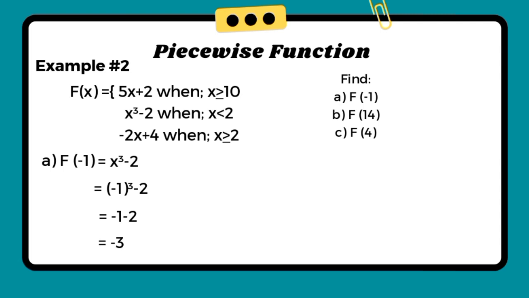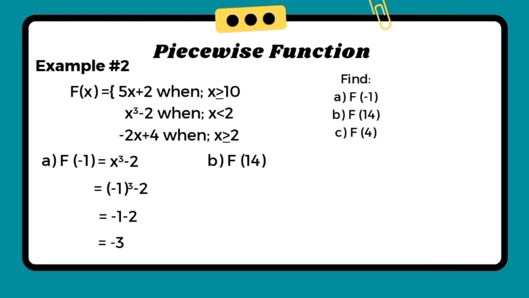Let's proceed to letter B: f of 14. Where does f of 14 belong in the restrictions given? It belongs to x is greater than or equal to 10, because 14 is greater than 10.